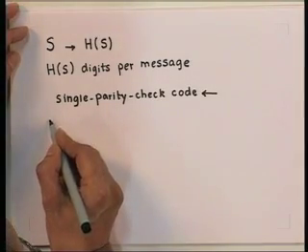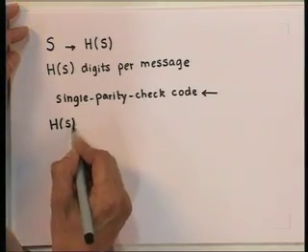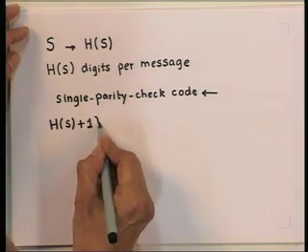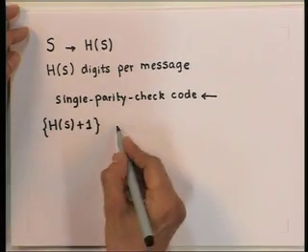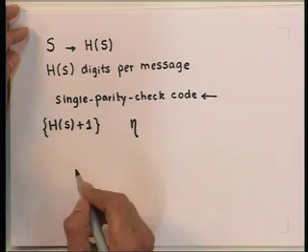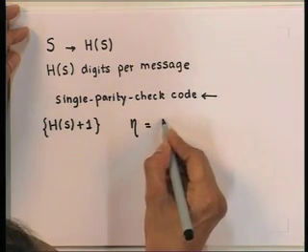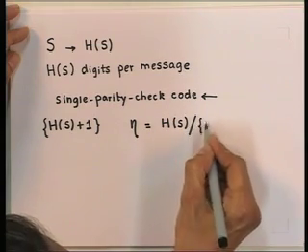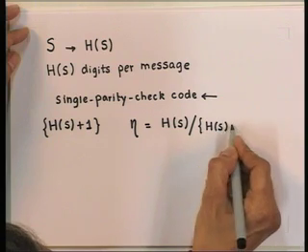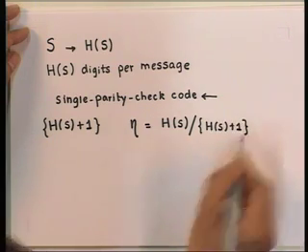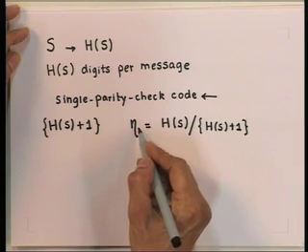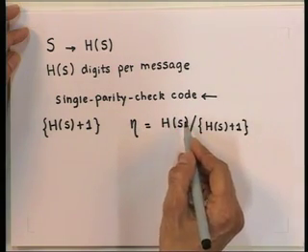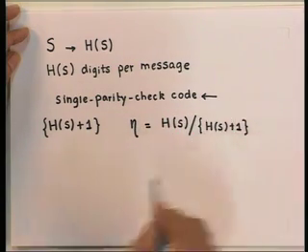Now, the addition of an extra digit increases the average word length to Hs plus 1, giving the code efficiency eta equal to Hs divided by Hs plus 1, because code efficiency is defined as the entropy of the source divided by the average length of the code.